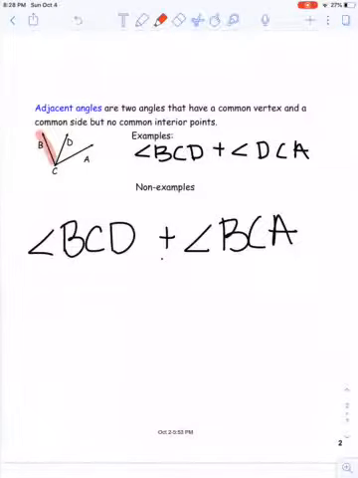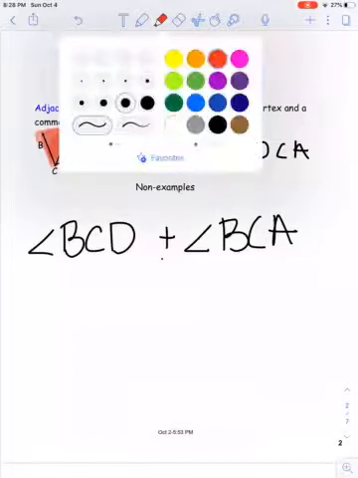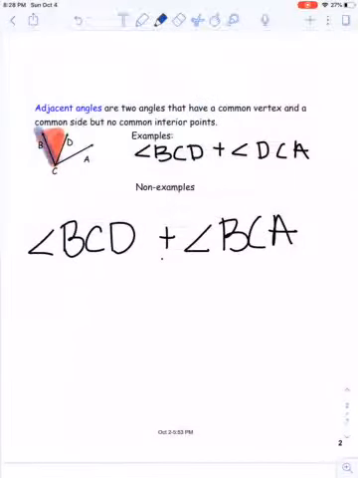So CBD and then BCA. So if you notice, my blue and my red overlap. That's why it's a non-example, okay? So the easiest way, if I ask you or re-ask you, what are two adjacent angles, is to find ones that, when you highlight, don't overlap.